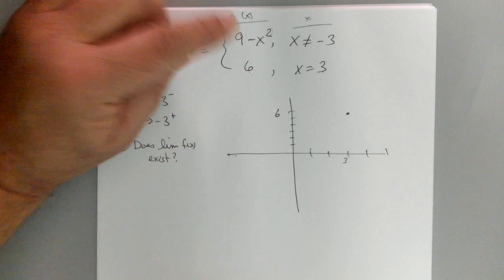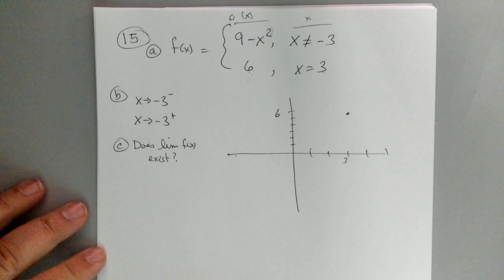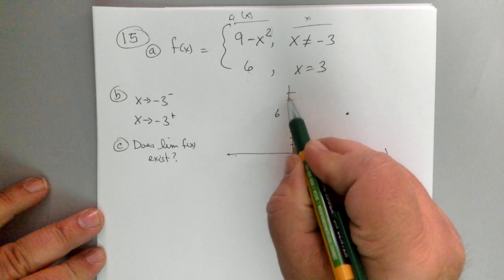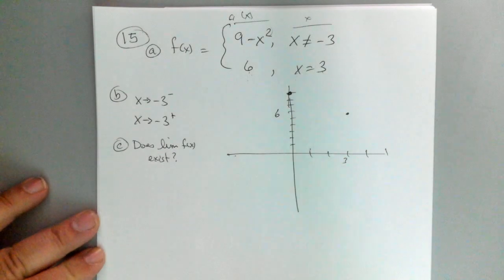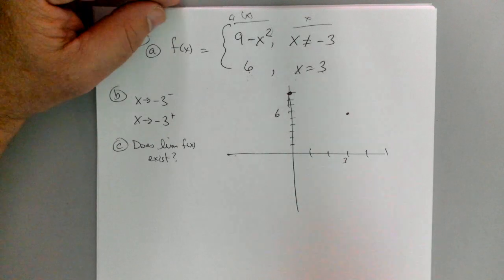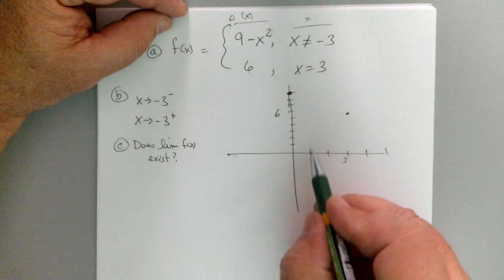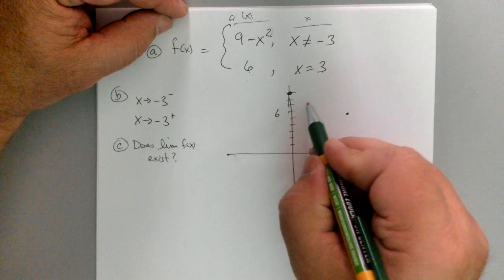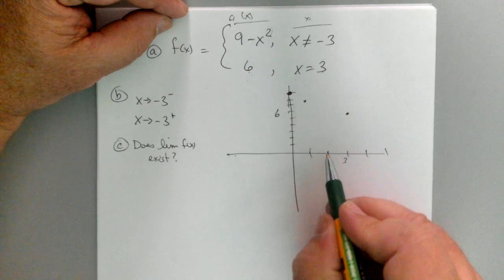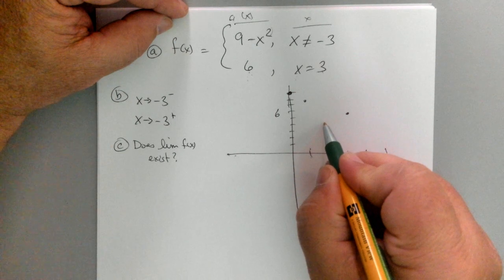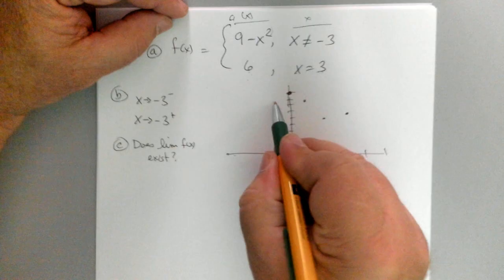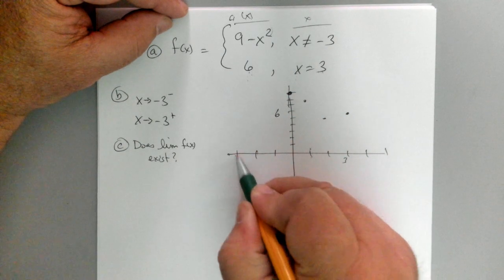So all this graph does is it goes up 9 places. So when x is 1, we have 8. When x is 2, we have 5. Same with the other side, because it's symmetric.